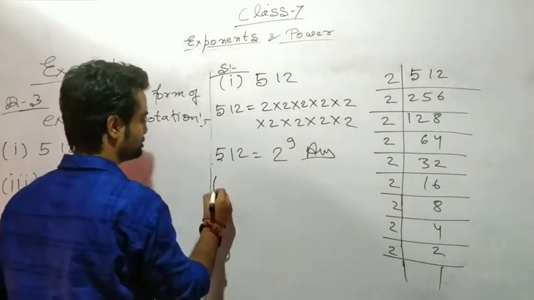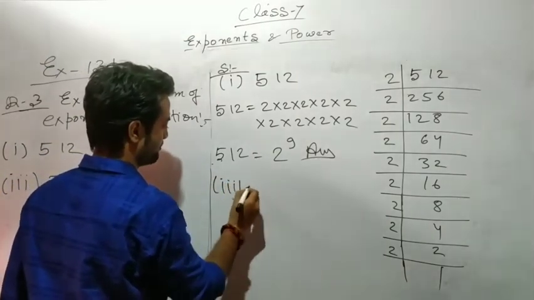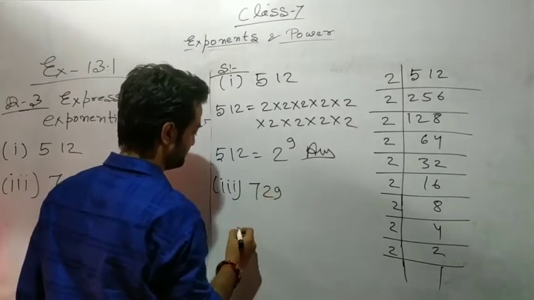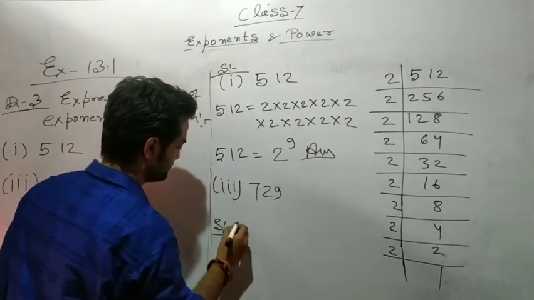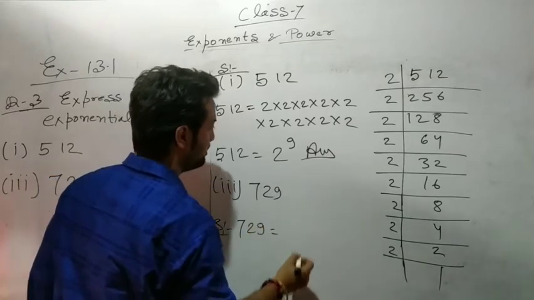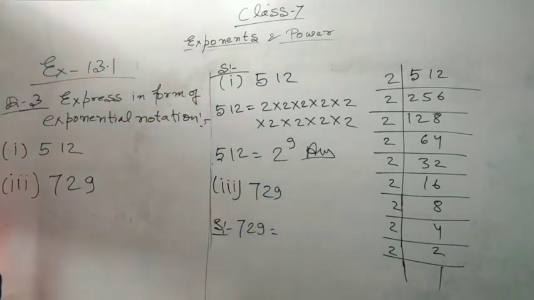Now look at the third question, 729. Again you have to find out the prime factorization of 729 in the same manner.